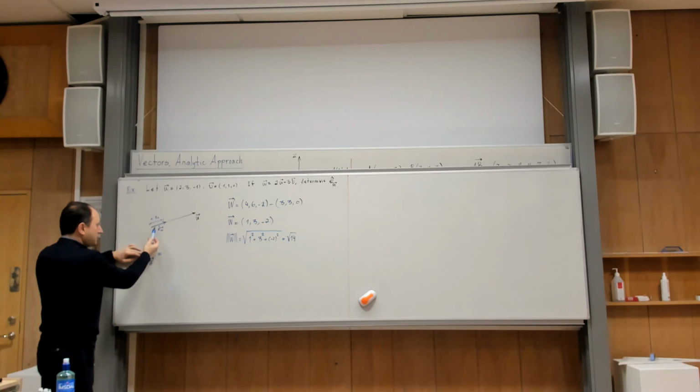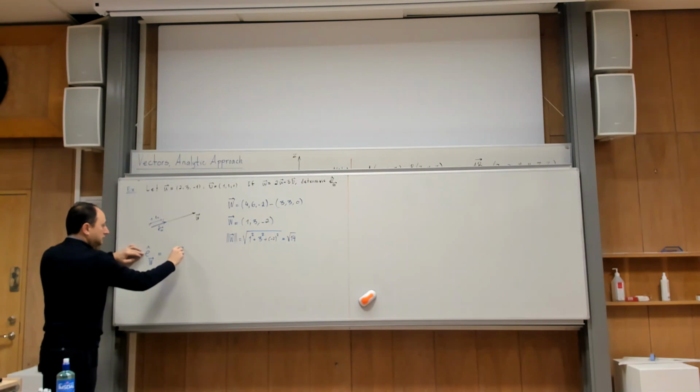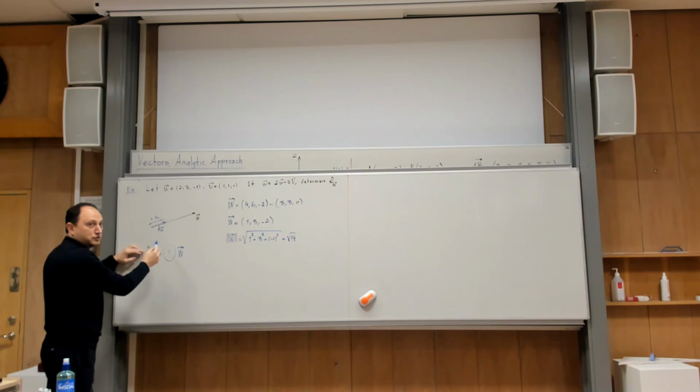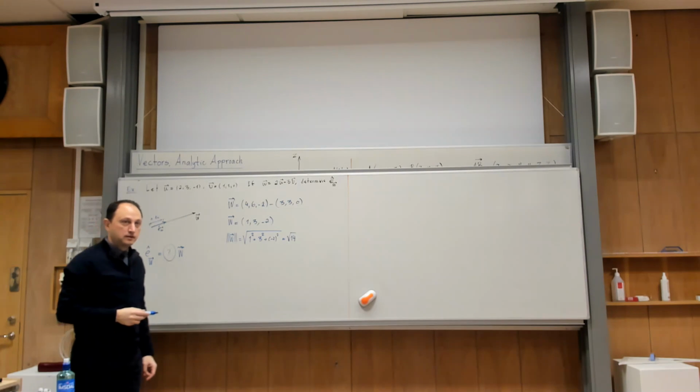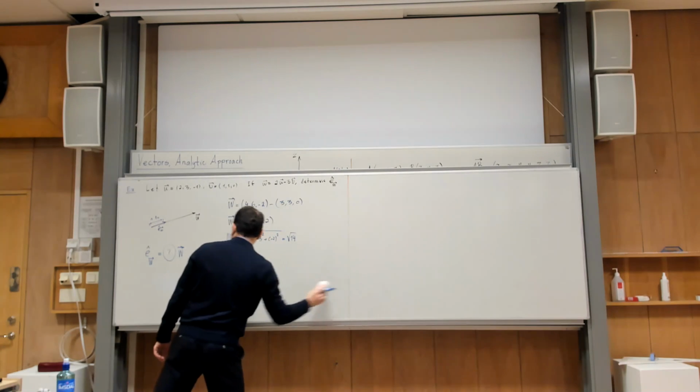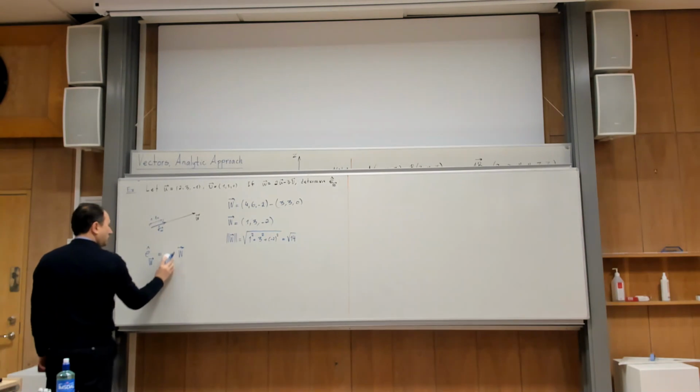It is parallel to my vector, and it is in the same direction. So it should be a multiple of my vector, and this multiple should be a positive value because I want them in the same direction. Yes, Ruben? 1 over the norm. 1 over the norm, yes? So that is important, remember this. So this question mark here is 1 over the norm.